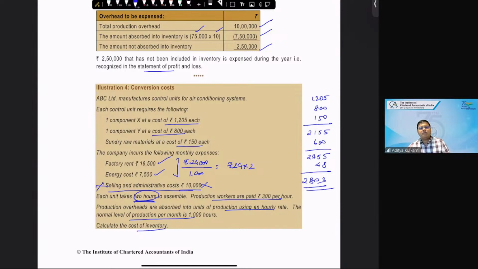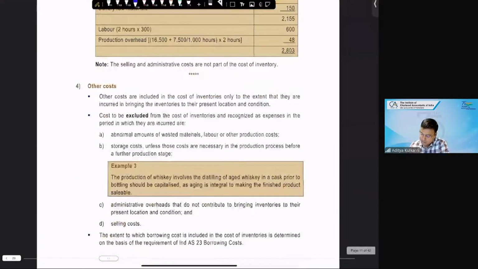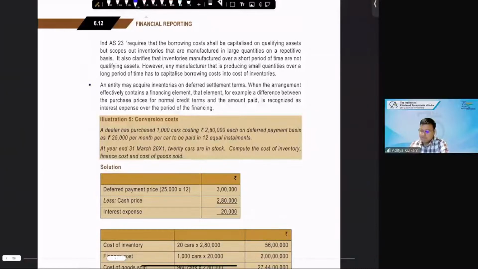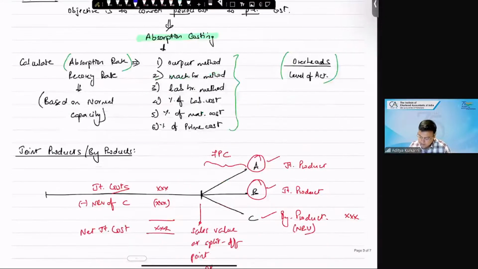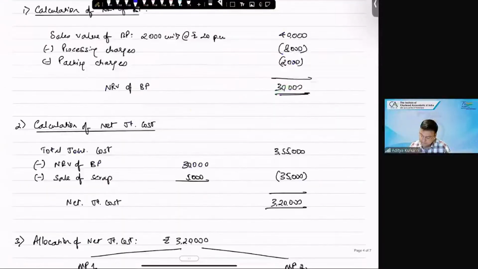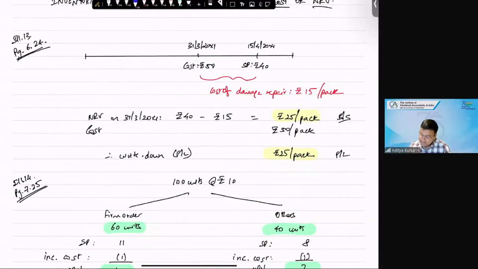Are we okay? Did we all get this? Yes? Okay, all right. So that takes care of overheads. Okay. Looks to be okay.